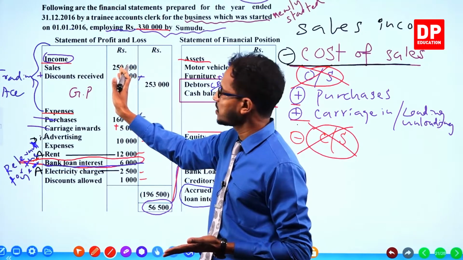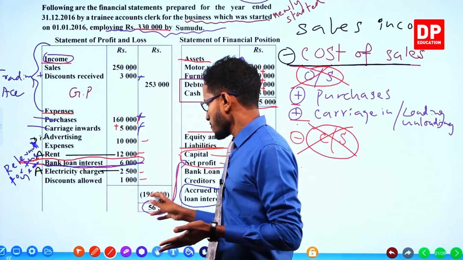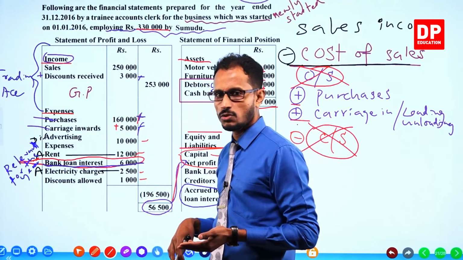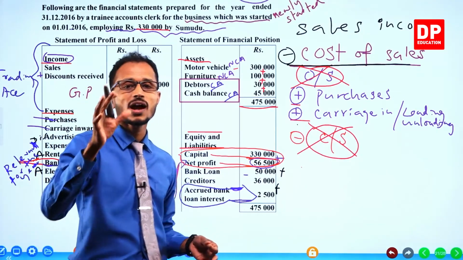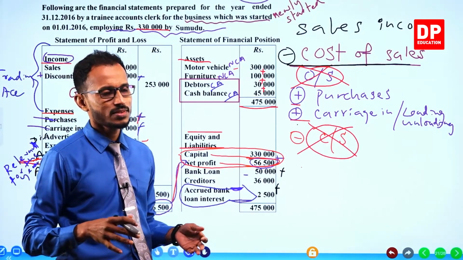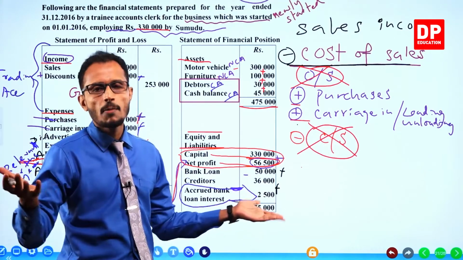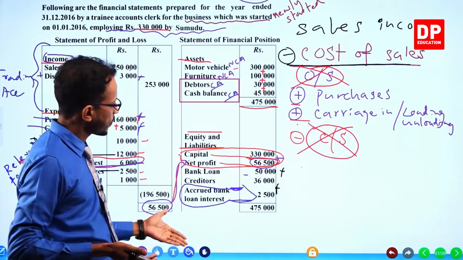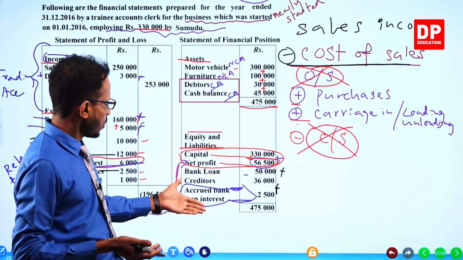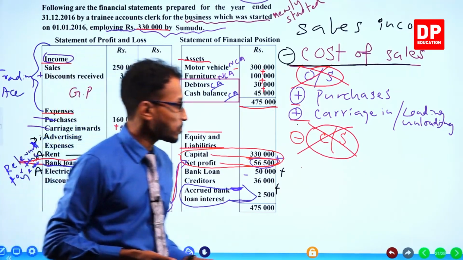That is her mistake. Gross profit is not calculated separately, and net profit is, you know what I'm saying. She has a problem with the structures, the approved and accepted formats. But assets and liabilities all are included in the statement of financial position. So that's it.